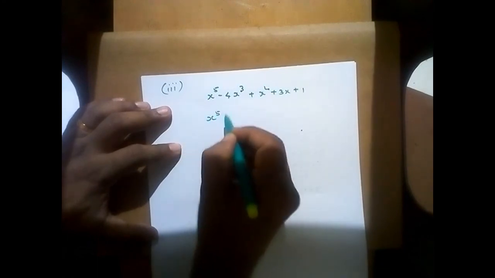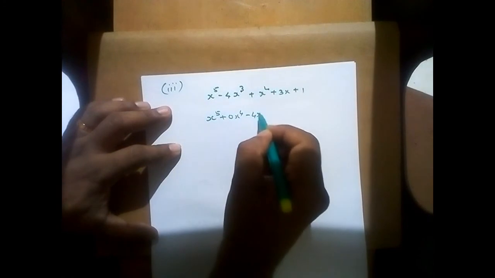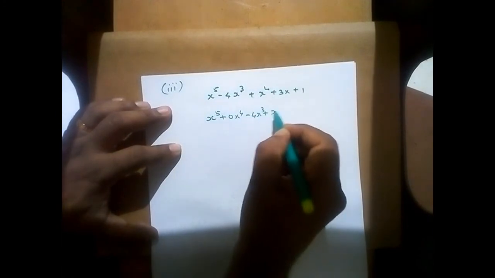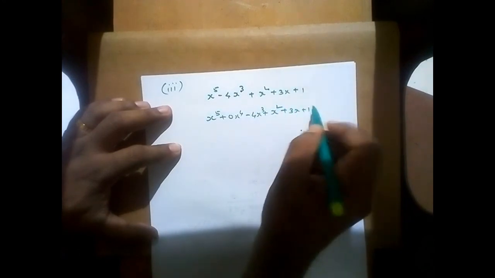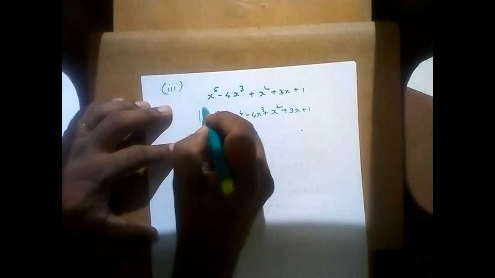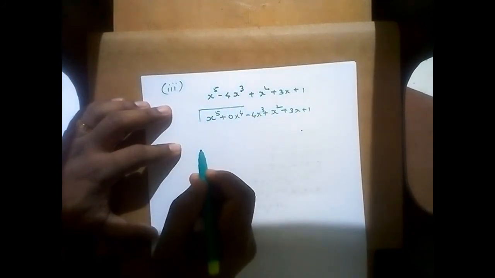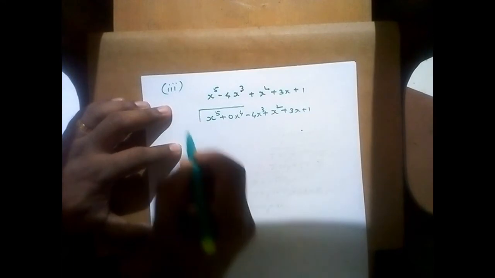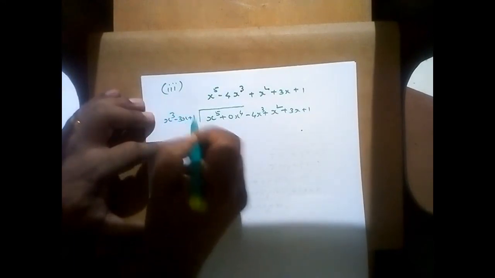So x raised to 5 plus 0x raised to 4 minus 4x cube plus x square plus 3x plus 1. Divide by x cube minus 3x plus 1.